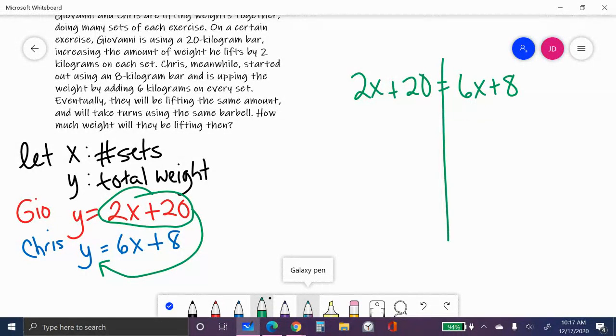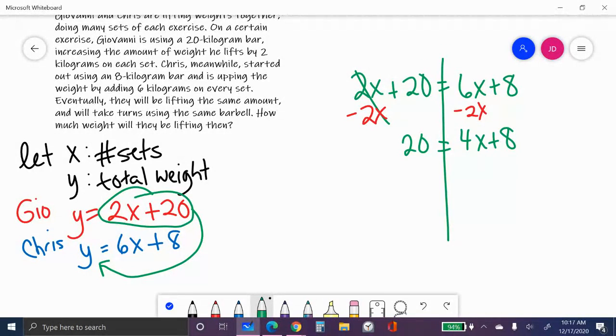Line down the equal sign. I'm going to bring this 2x over here, so I'm going to subtract 2x from both sides. And I get, well, these will cancel. Okay, you get 20 equals 4x plus 8.